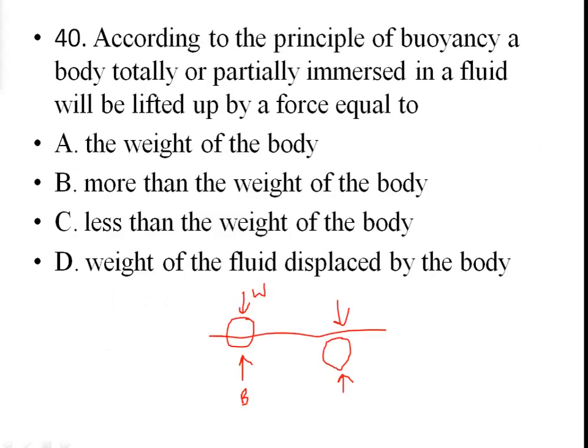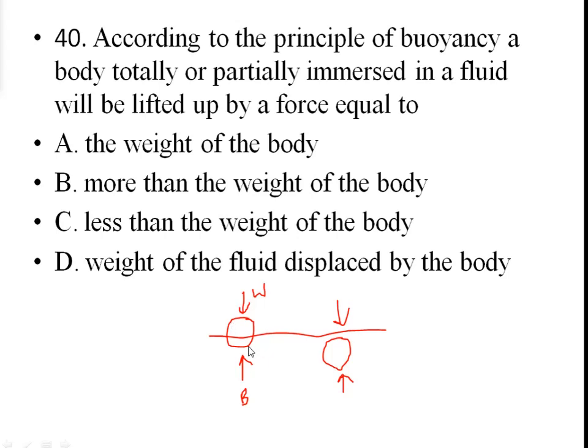40th question. According to the principle of buoyancy, a body totally or partially immersed in a fluid will be lifted up by a force equal to. Here we consider the fluid. We drop a certain weight in the water, and in this situation, the object weight is the same as the buoyancy force acting on it.